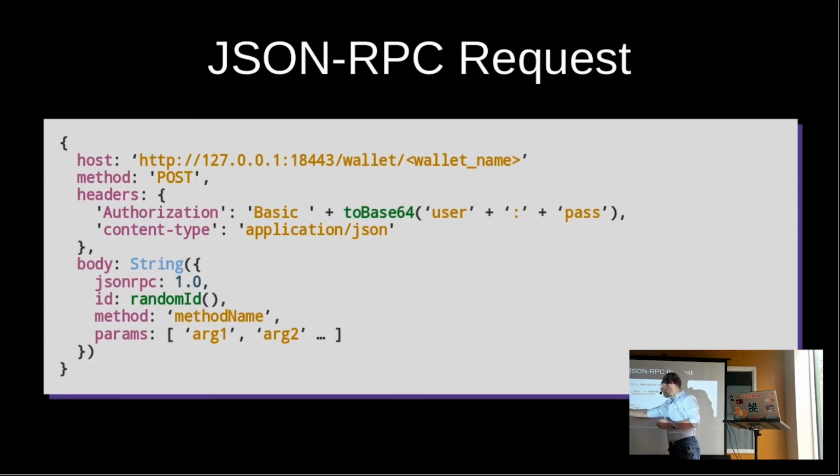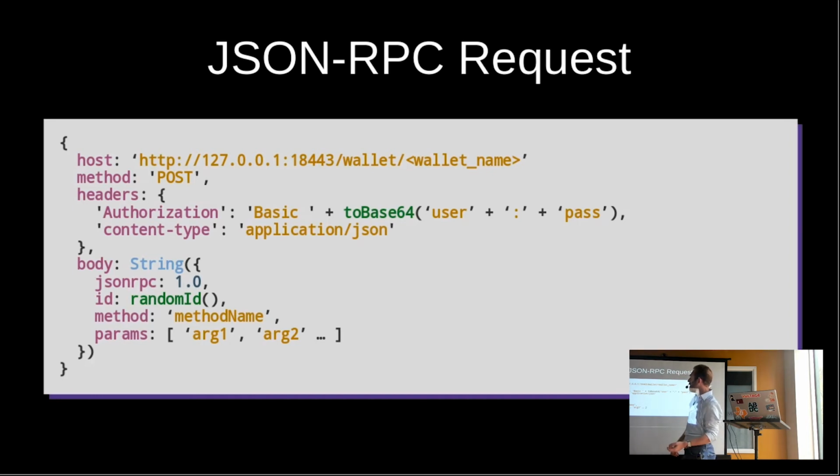These final two parts are the important ones. The method name is essentially the name of the call. So getnewaddress, generatetoaddress, gettransaction, all those RPC commands that we've been using, that goes here. And then params is an array of the arguments that you're passing to the method.